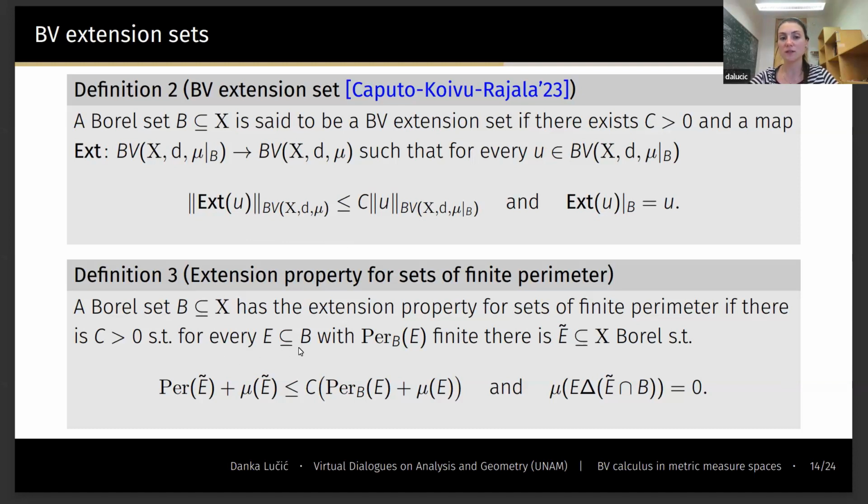So if for every subset of B with finite perimeter, we can find a Borel subset of the whole space so that this inequality holds, which is nothing but this one applied to characteristic functions, and the measure of this difference is 0. Okay.